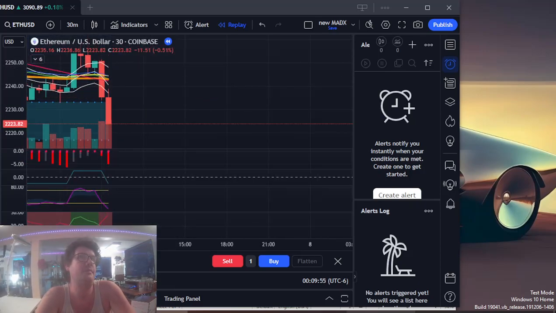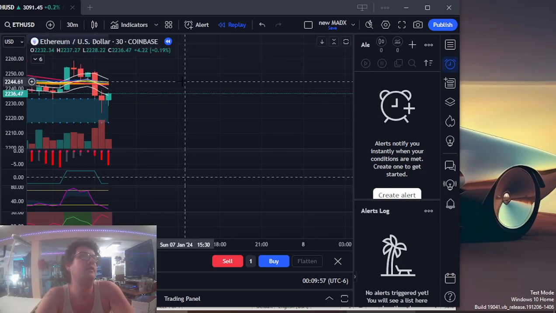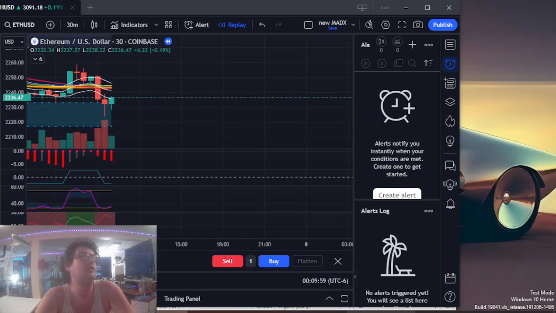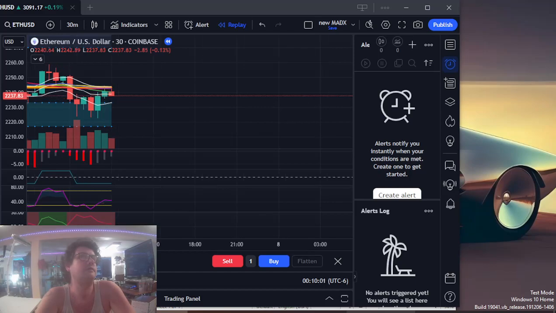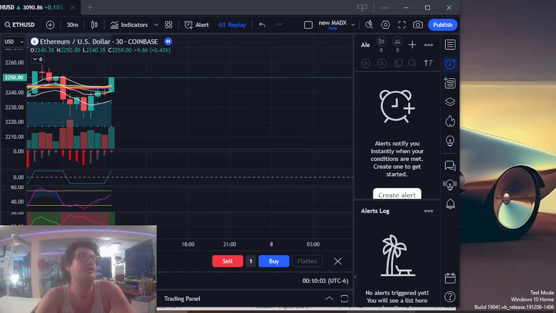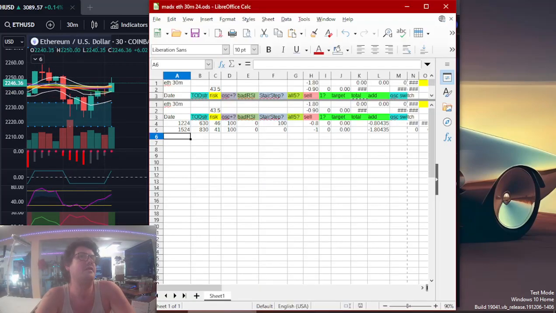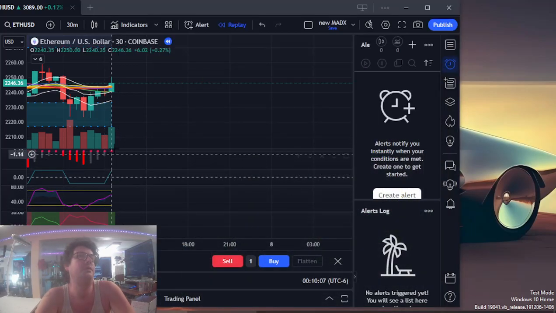Now we got the supply-demand zone in the way there. It's okay that we're not taking very many trades. This is still only a couple days worth of data.